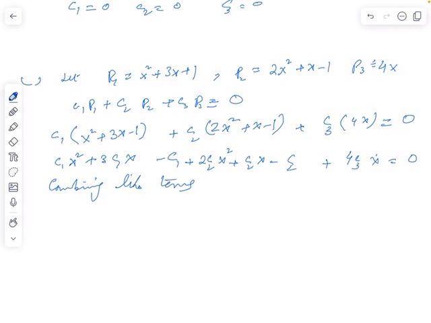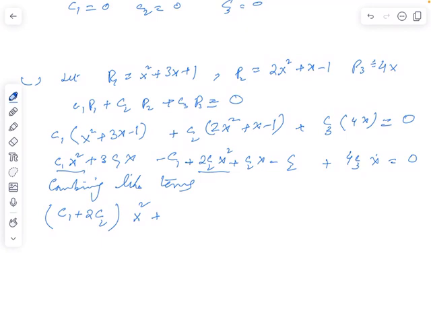If you note the x squared terms, there are two of them. One is here and the other is here. So we put them together. We can write it as (C1 plus 2C2) in parentheses, then x squared, plus. Now the next is the terms having x.